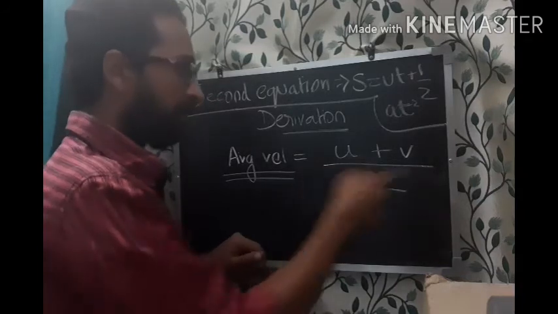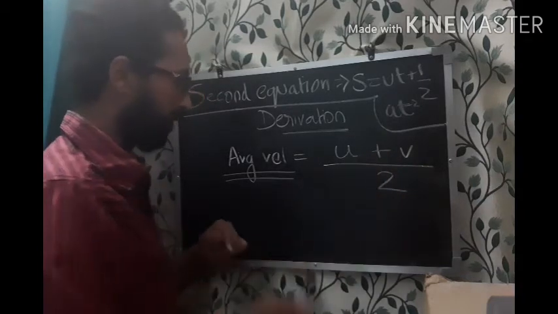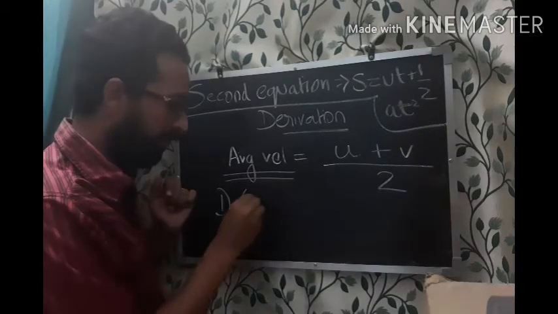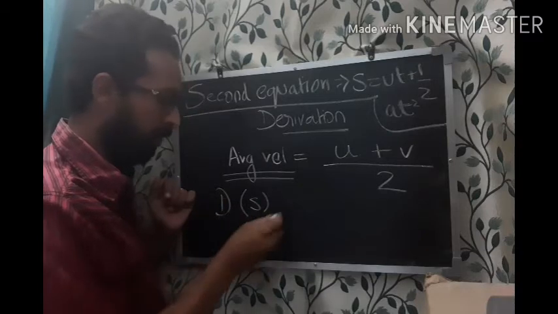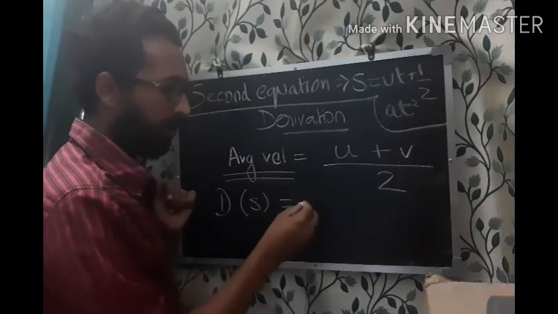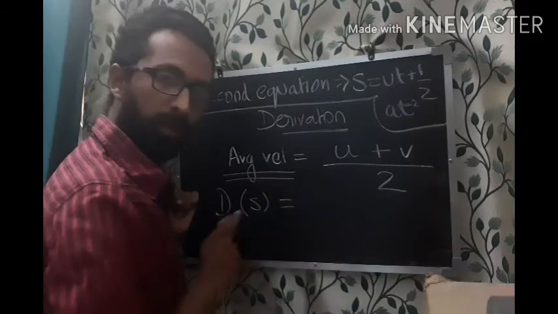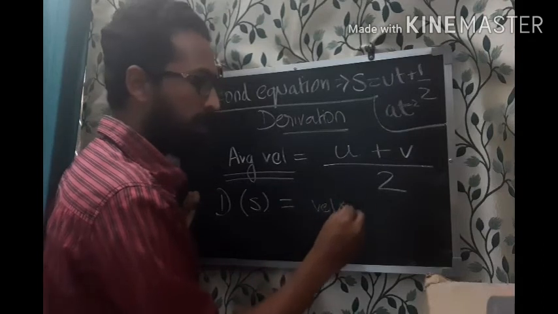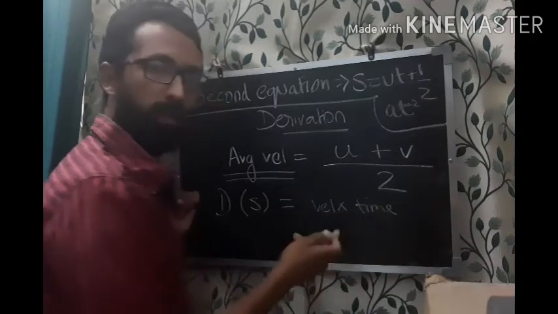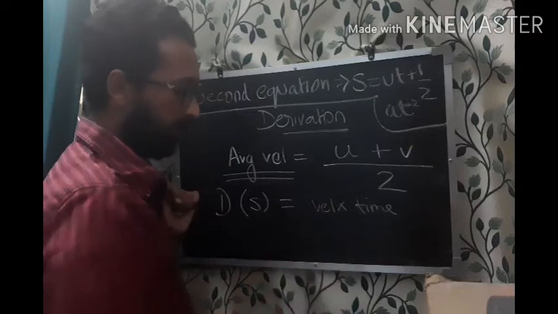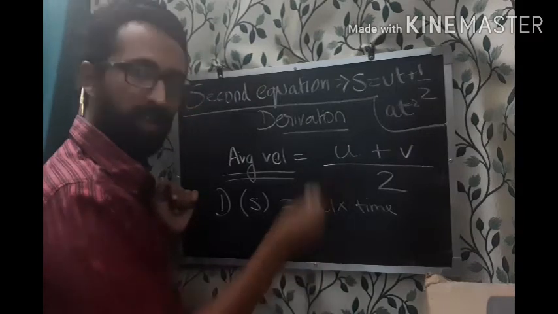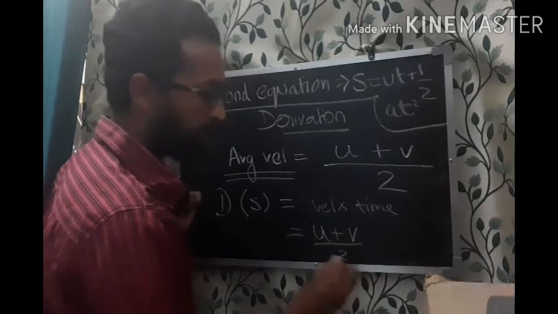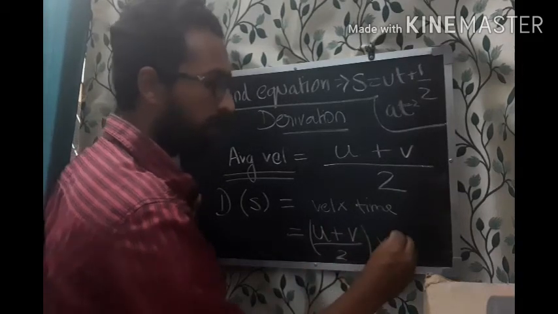So after writing the average velocity equation, we can find out the distance which is denoted by small s, can be found out by the formula for distance will be velocity into time. So the velocity here is average velocity, that is u plus v upon 2 into t.